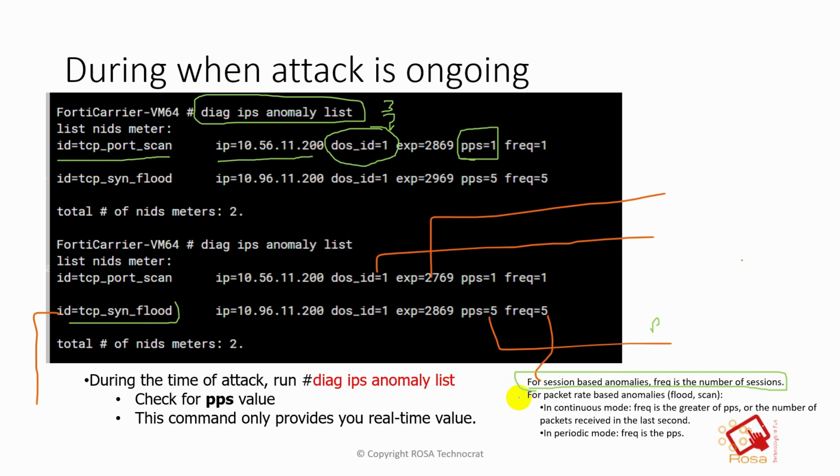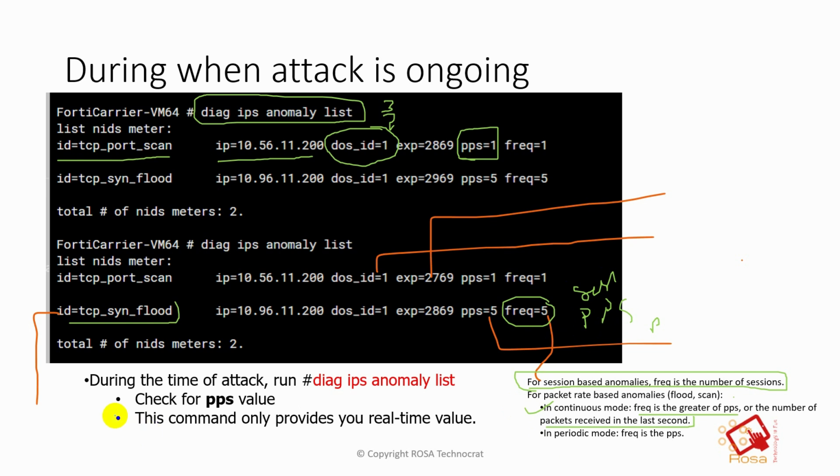For packet rate based anomalies, flood and scan, in continuous mode, frequency is the greater of PPS or the number of packets received in the last second. So basically, in case of session based, this is the number of sessions, and in case of PPS like flood or sweep, this contains the packets for the last second.